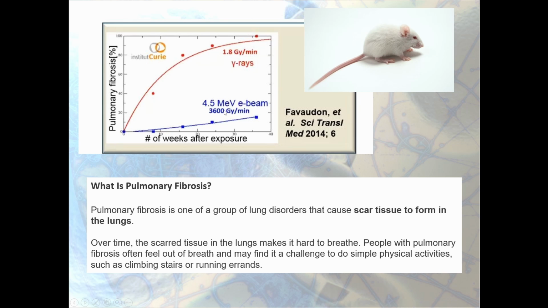If you deliver the same dose to those mice with a high dose rate beam, the fibrosis is much reduced. So it can mean that the inflammatory process that affects normal cells is reduced if you are using high dose rate. This was the first hint.